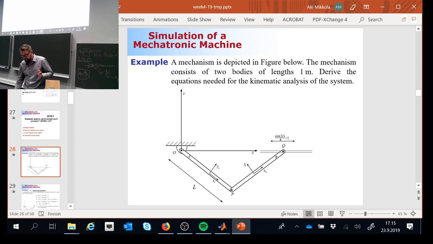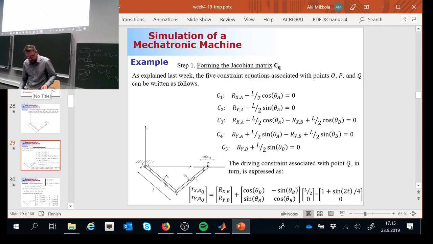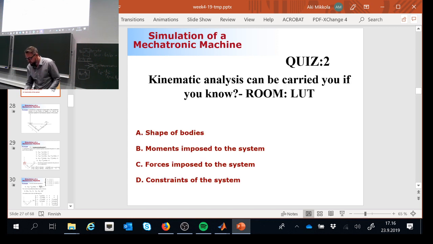So first step, here we are. The first step is this, the Jacobian matrix. This time I'm going to take a little bit of a shortcut, because this is a system we looked at already 2 weeks back. At that time we were able to express 5 constraint equations that were related to, first of all, a revolute joint located in that corner, constraining the first body, called body A, and then a revolute joint that is coupling... Oh, hold on.